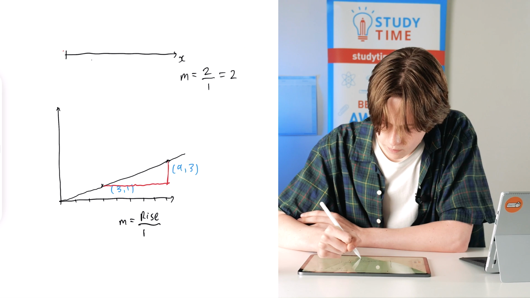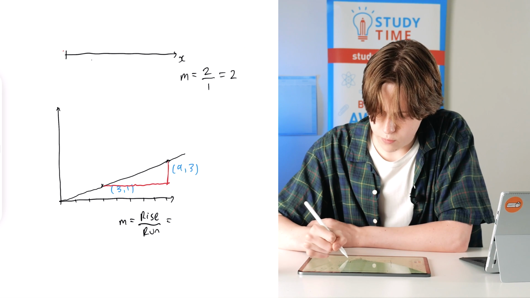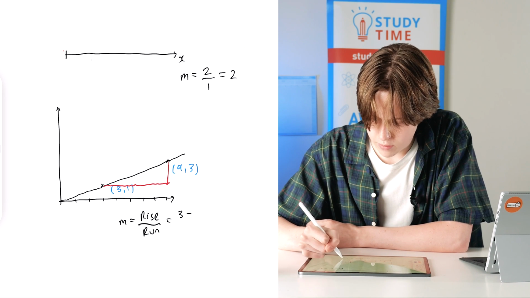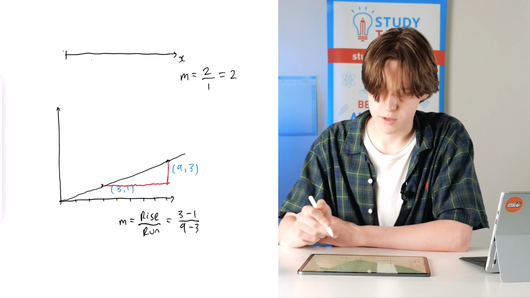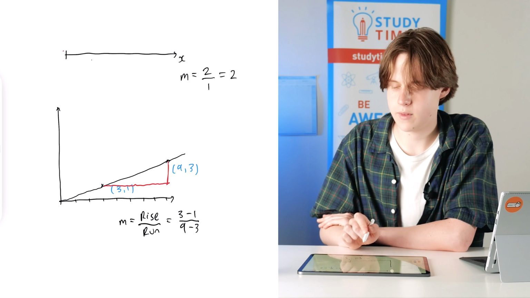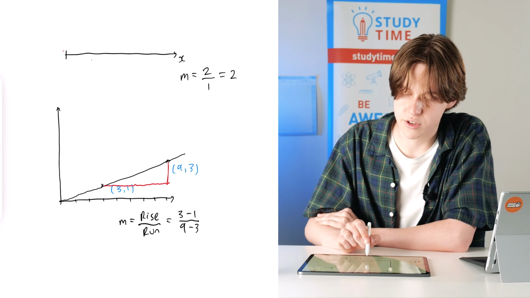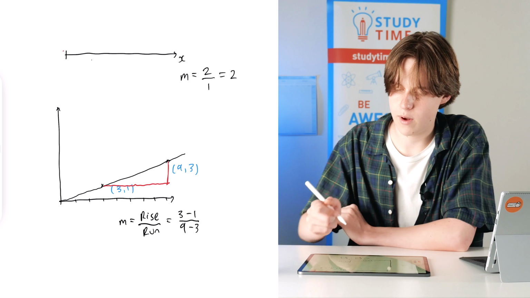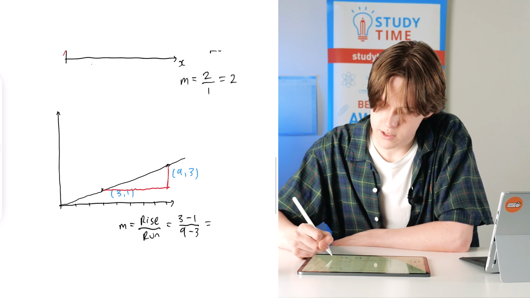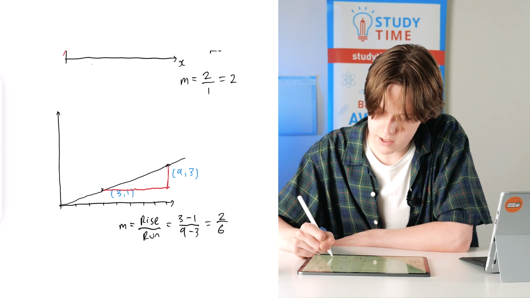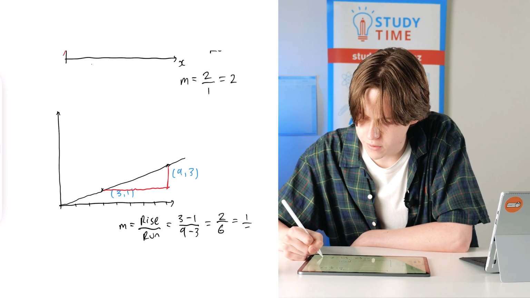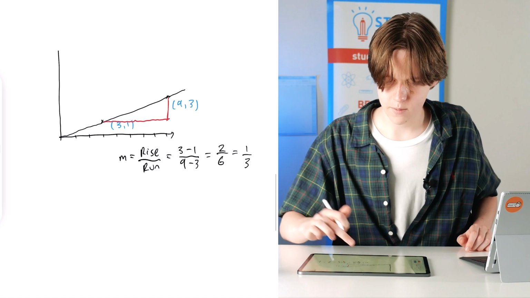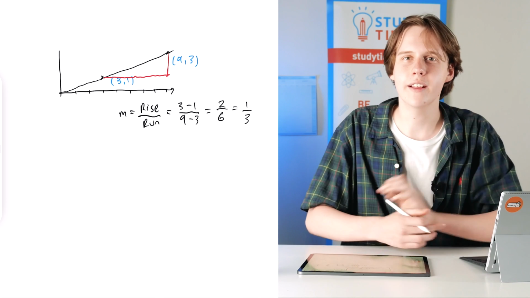So we're going to have 3 minus 1 over 9 minus 3, because the run goes from 3 to 9, and the rise goes from 1 to 3 in our y values. So that is just 2 over 6, which if we were to simplify in a calculator potentially, that's just 1 over 3. Okay, cool. That's us with gradients.